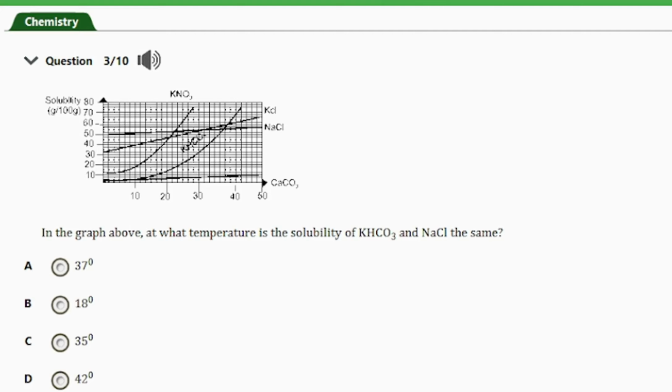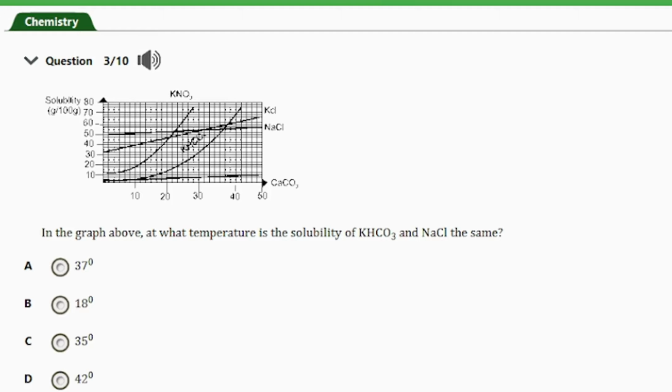So guys, KHCO3 is potassium hydrogen trioxocarbonate 4, and we asked at what temperature is the solubility of potassium hydrogen trioxocarbonate 4 and sodium chloride the same. So we have options A to D here. A is 37 degree, B is 18 degree, C is 35 degree, and D is 42 degree.